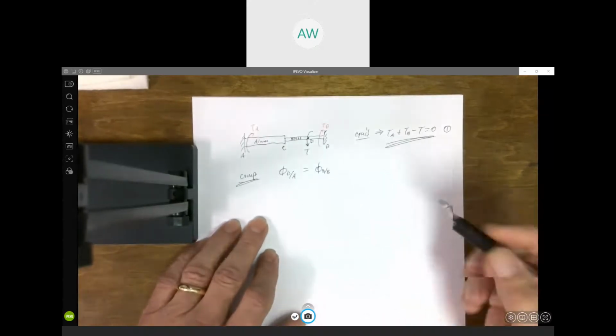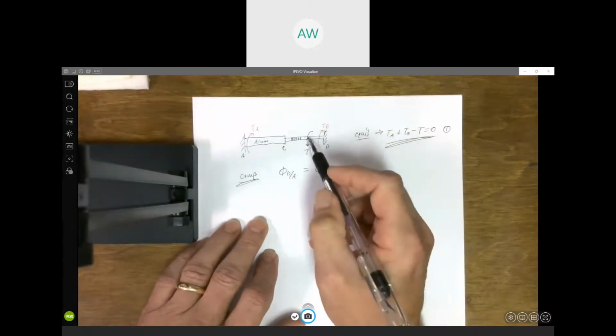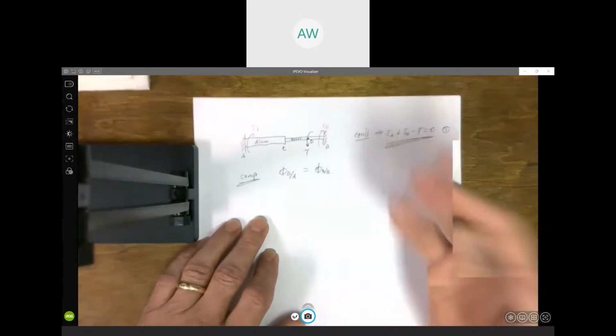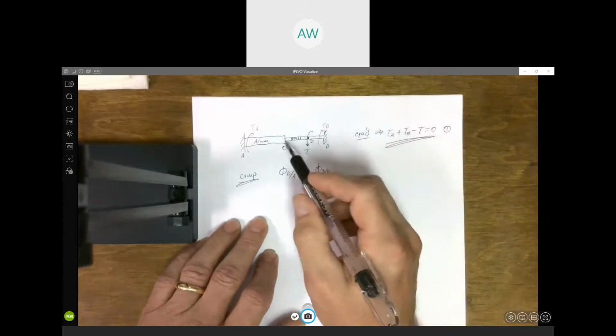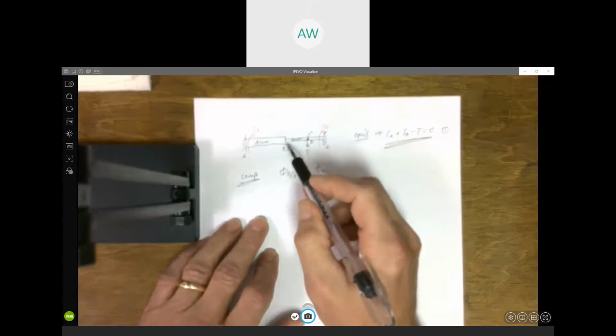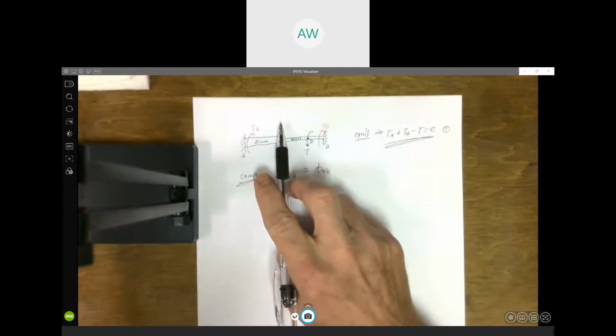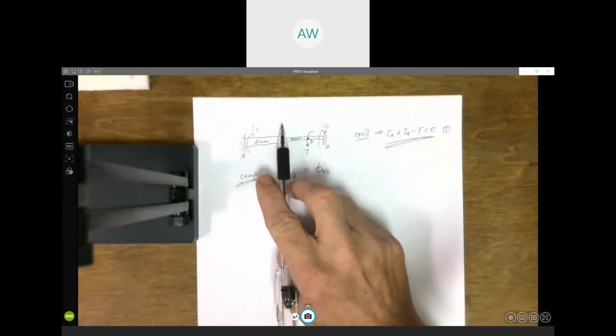But the little bit of difference here is that for the angle on the left side, D with respect to A, we have to break that up into two sections. In the previous problem, when our torque was at C, everything to the left was aluminum and the same size, and everything to the right was steel and the same size.